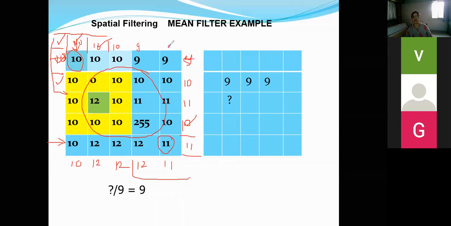So in actual image processing, if you want to retain the data of border pixels, you can assume that your image is surrounded by additional rows and columns.